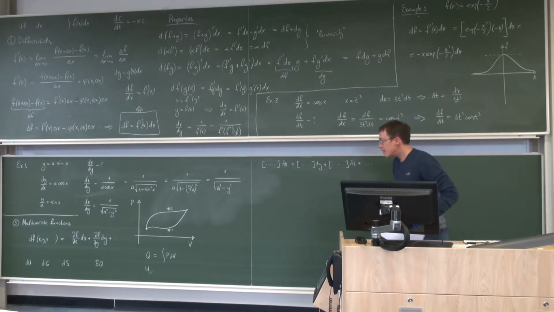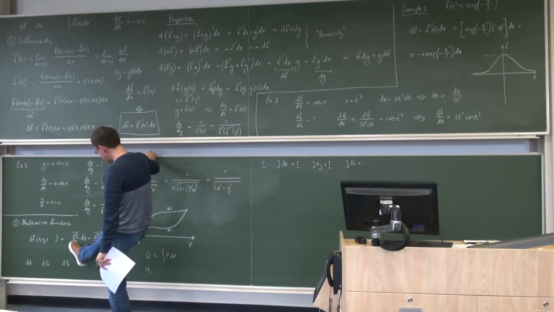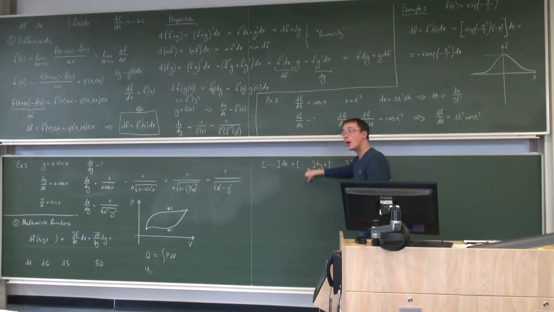As per the definition of our differentials, df by dx must be the content of this bracket, df by dy here, df by dz here. But if we just write something arbitrary here, it may well be the case that such a function simply doesn't exist. So there isn't a function whose d by dx is this, and d by dy is this, and so on.